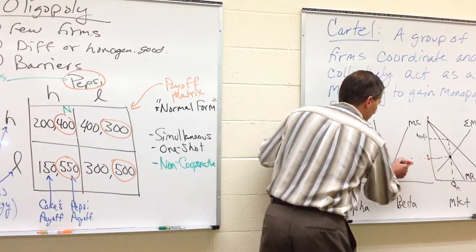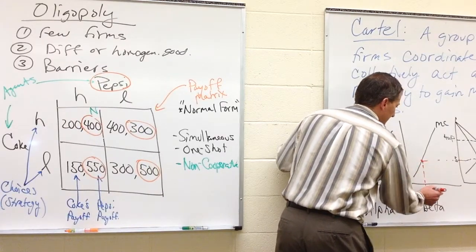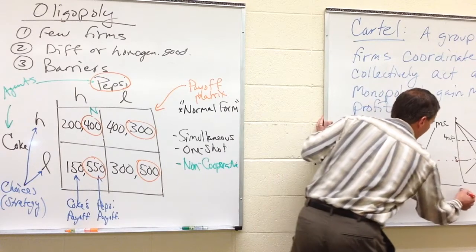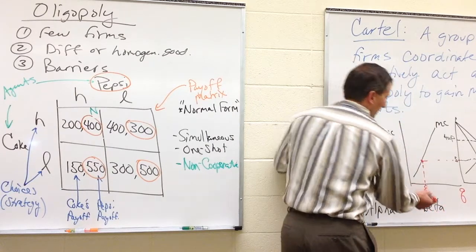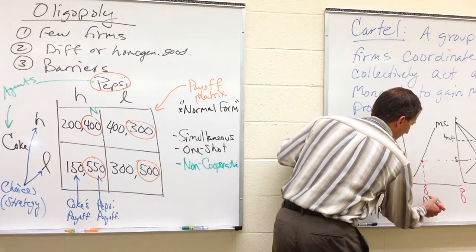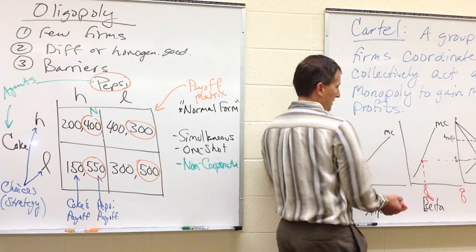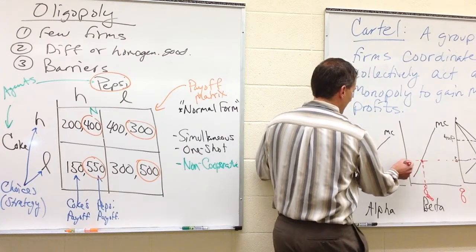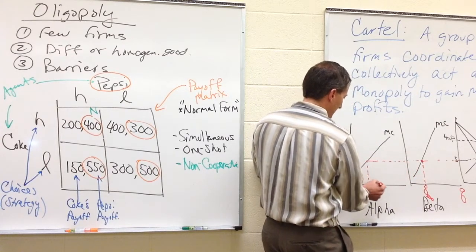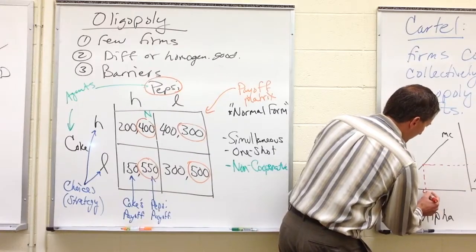So each one's going to produce, beta's going to produce this little quantity here of 500 baggies of meth, crack pipes full of meth. Alpha's going to have 400.